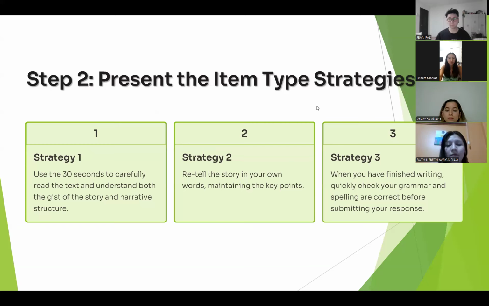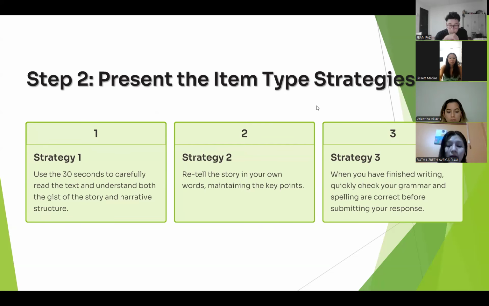And then we have step two, which is to present the item type strategies. For the first strategy, use the 30 seconds to carefully read the text and understand both the gist of the story and the narrative structure. So it is important that they use these 30 seconds to understand the story instead of trying to memorize every word.